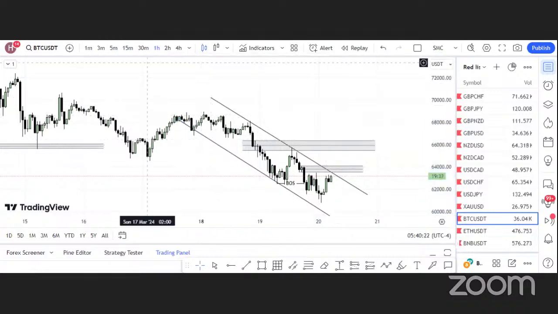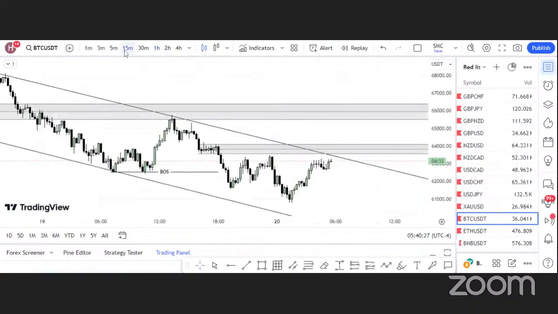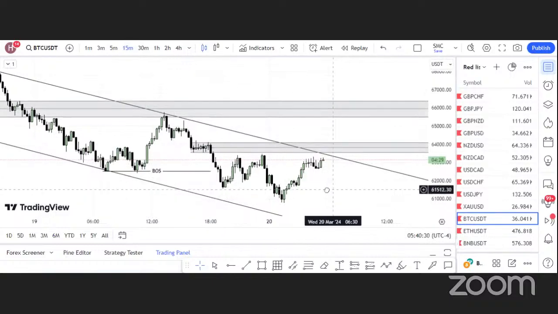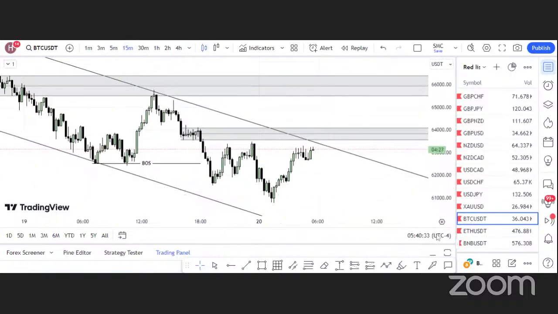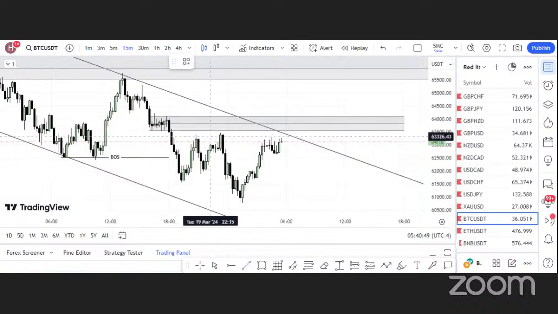All right. So this is the 1 hour time frame. Let's head down to the lower time frame where we can see the market structure better.